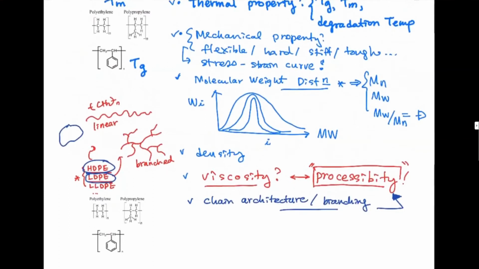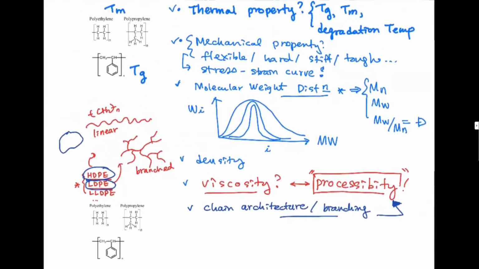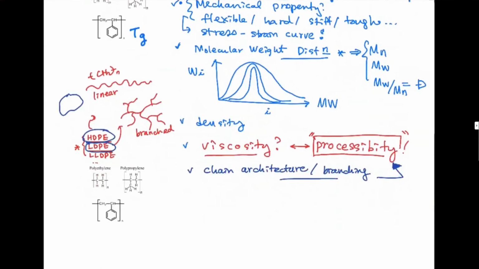Okay, branching, yeah. And then I want you to think about one other thing that has been covered in your class, which is copolymer. Was it covered in your class?